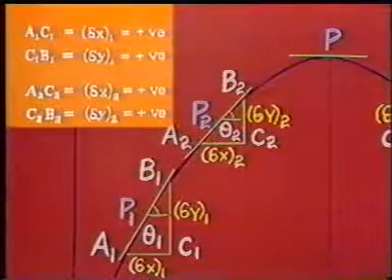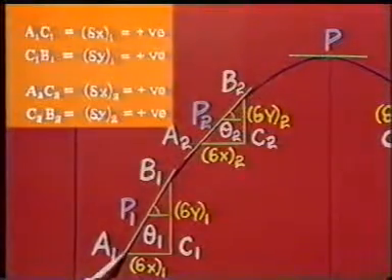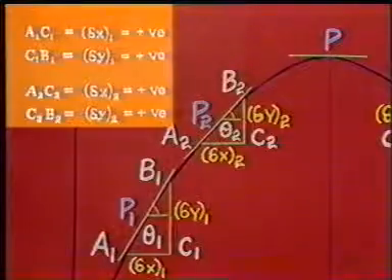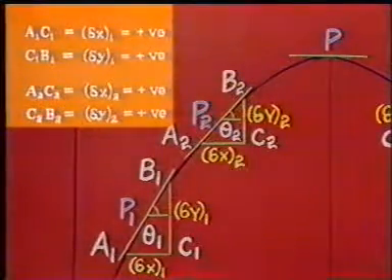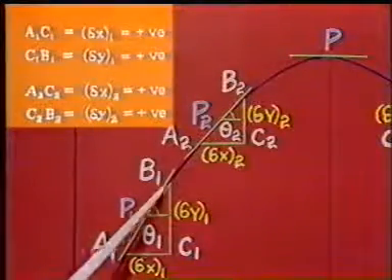As we move from point A1 to B1 along the curve, x increases by A1C1 and y increases by C1B1.